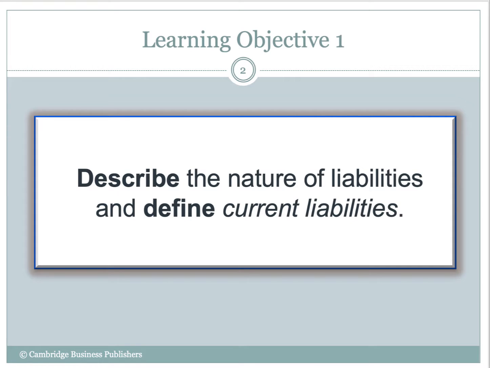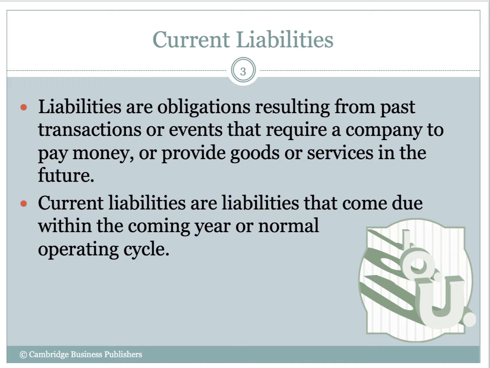So the first thing you should be able to do after we complete this video is define what current liabilities are, and explain the essence of liabilities. So as you see here, we have current liabilities. When we're talking about current liabilities, really it has nothing more to do than time.